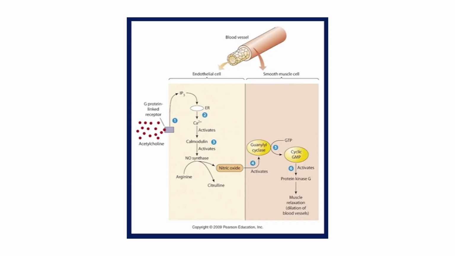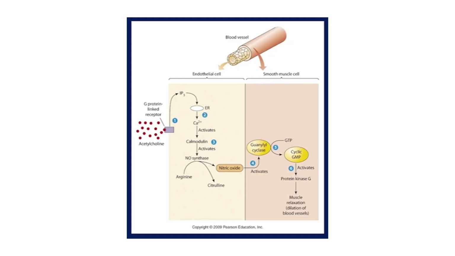So now what happens to nitric oxide? It activates guanylyl cyclase, and then you produce cyclic GMP from GTP. This then activates protein kinase G, which has a feedback that allows the calcium level to come back down, so you don't have continuously high calcium.